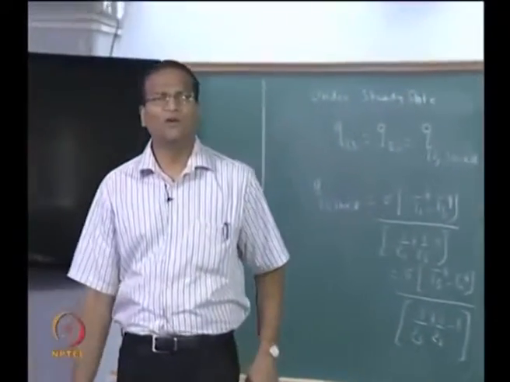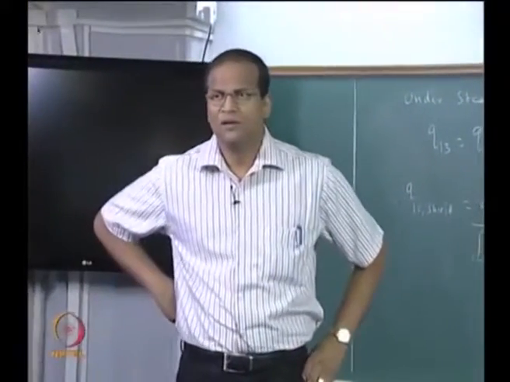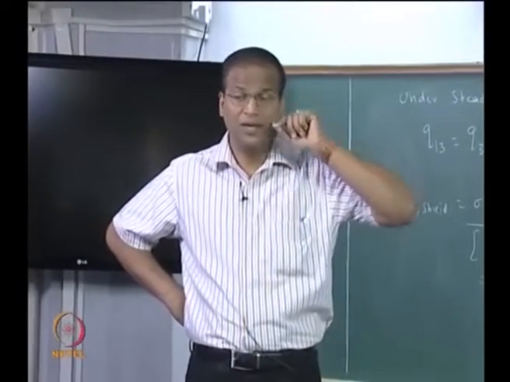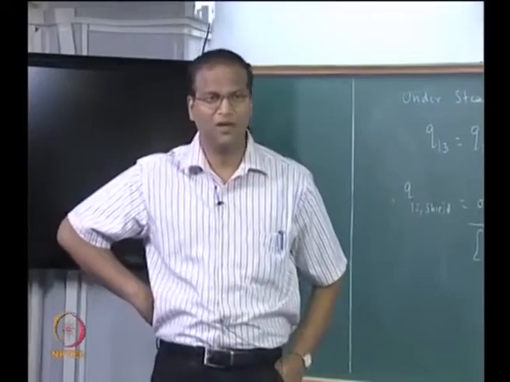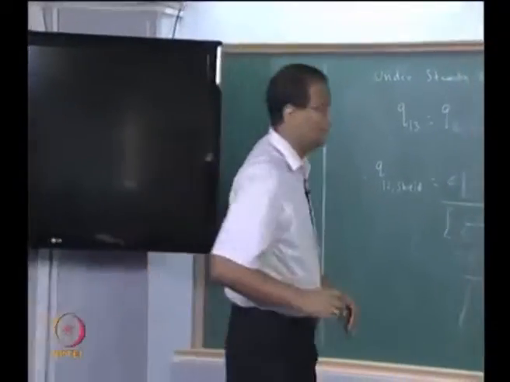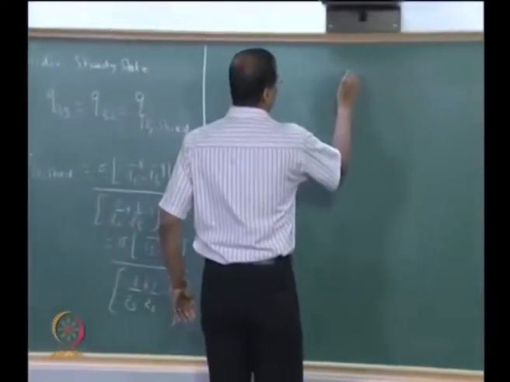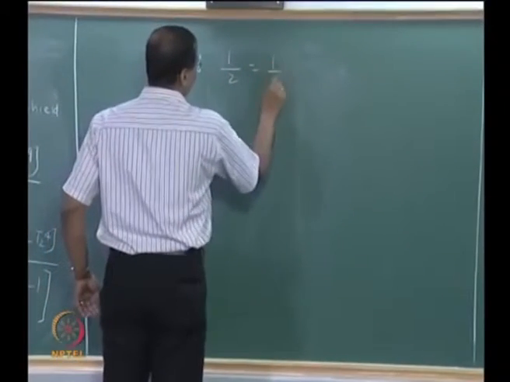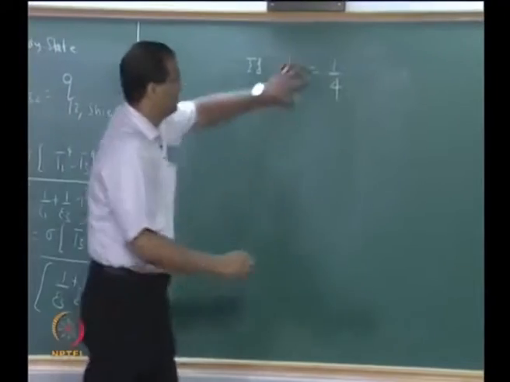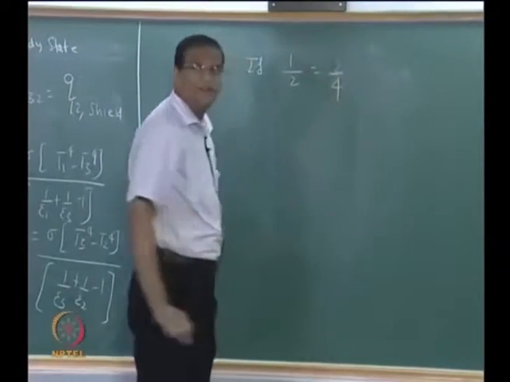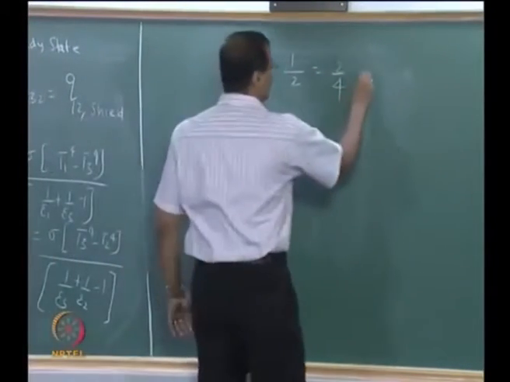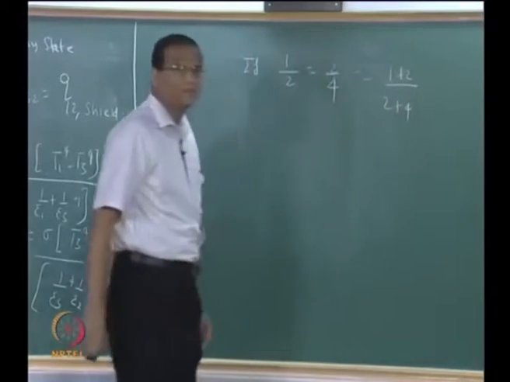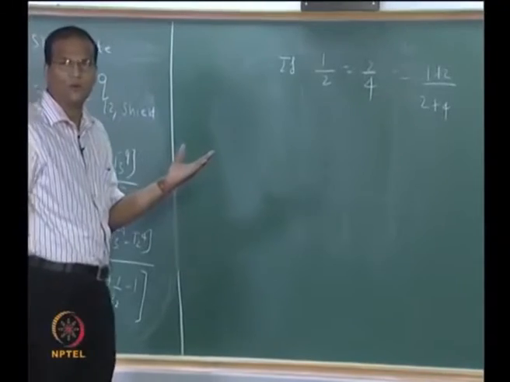Now you can do your mathematical manipulation and eliminate T3 and all that, but I have again a very cheeky way of doing it. So I will say, if half is equal to 2/4, this is also equal to the dividend of component rule.